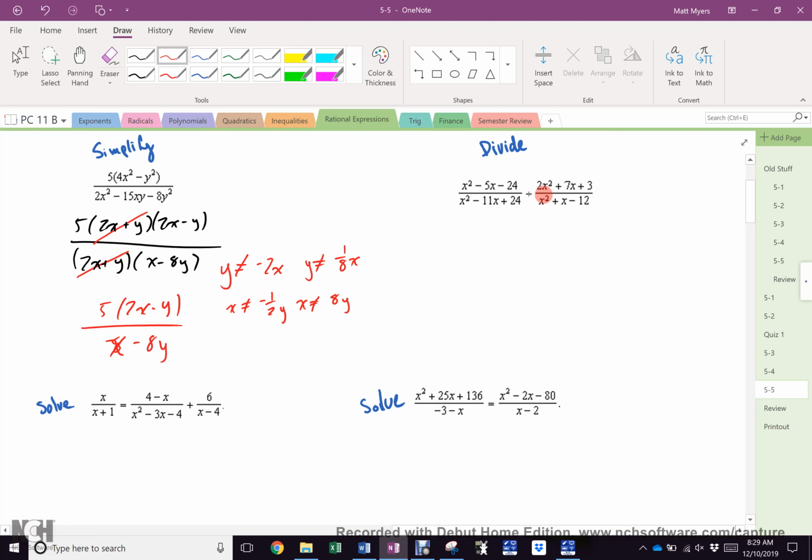What about dividing? Start the same way always, so what is it? Factor, all four of these factor, right?